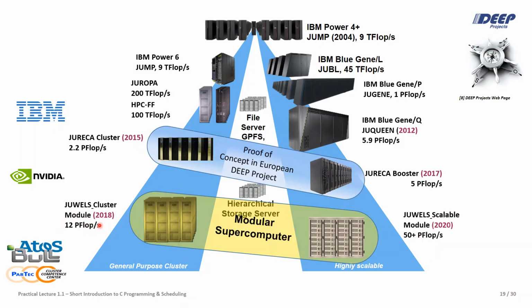Now, of course, this is not for one single user. So you share these systems always with a lot of different other users. And scientists and engineers that want to use these systems usually also have to firstly get a grant to really access those systems and get computational time on those systems.